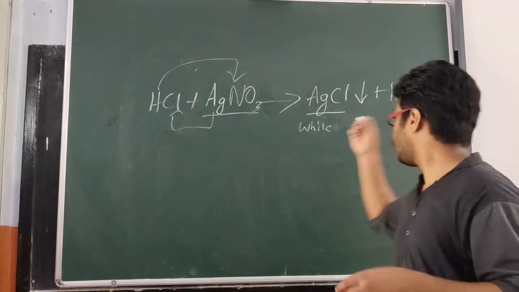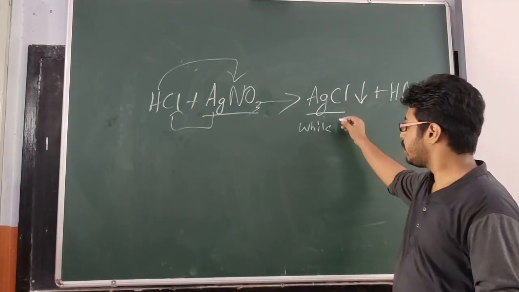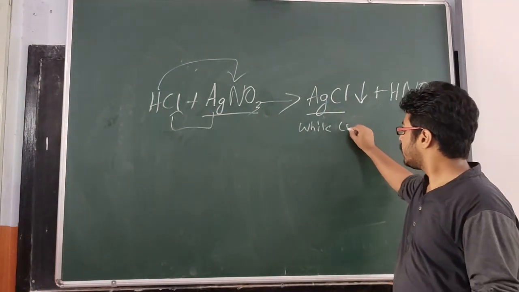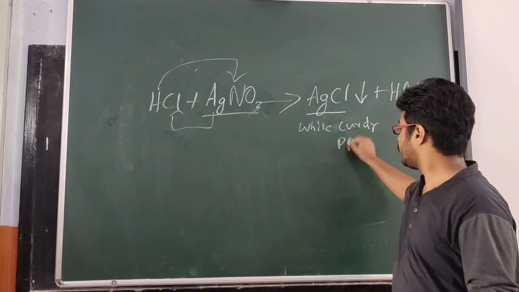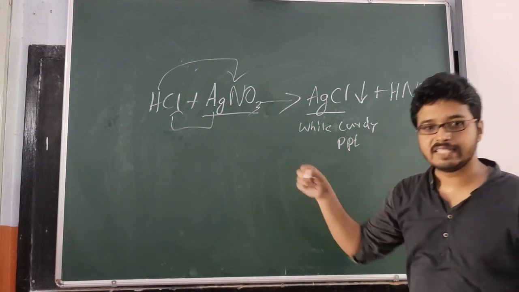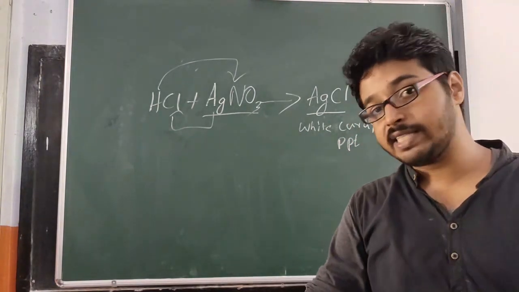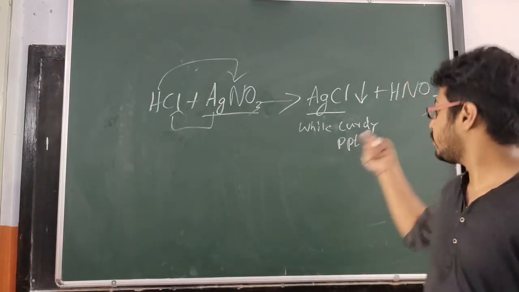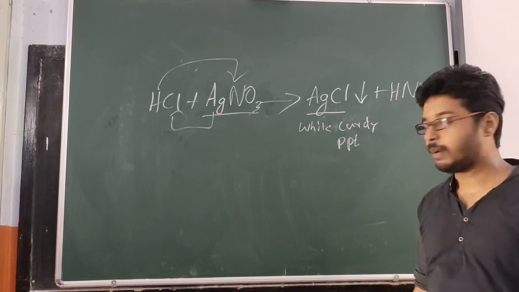Similarly, in case of AgCl, the precipitate is a white curdy precipitate. Okay, so in all the rest, you can just write it as white precipitate. In case of zinc, it is white gelatinous precipitate. In case of AgCl, it is white curdy precipitate.